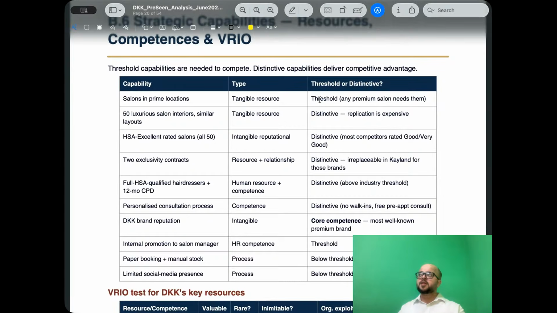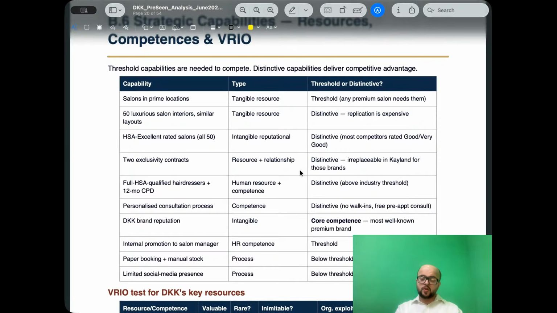Distinctive means this is something which sets you apart, this is different. So salon in prime location is a threshold, होना ही चाहिए, has to be there. 50 luxurious salons, distinctive. Replication of that particular layout across different stores is expensive. HSA excellent rated, this is distinctive. Why? Because most competitors are rated very good or good.